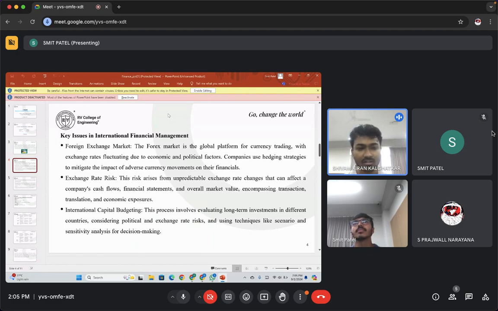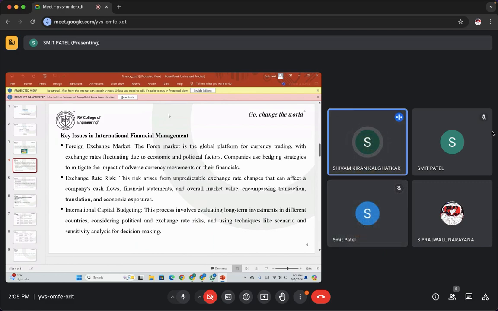So the key issues with international financial management are, first, the foreign exchange market. As we know, the foreign exchange market is the global platform for currency trading, with exchange rates fluctuating due to economic and political factors. Companies use hedging strategies to mitigate the impact of adverse currency movements on their financials.